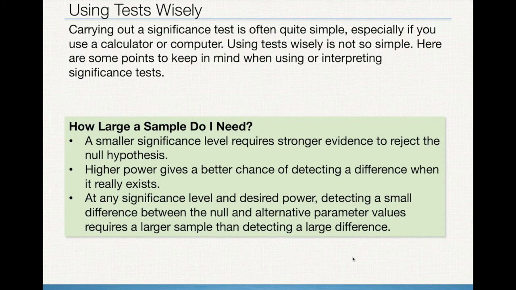So one of the key things about a significance test, for it to be useful, is you have to be able to detect whether a difference actually matters or not. So if you have a small sample size, it's going to be a whole lot harder to tell if there is a small difference in between the null and the alternate parameter.